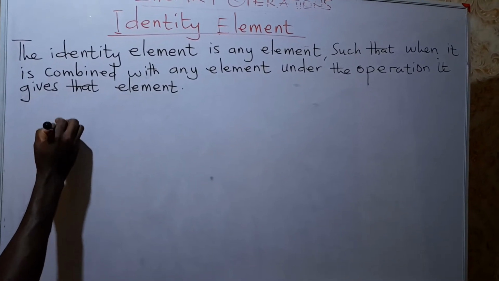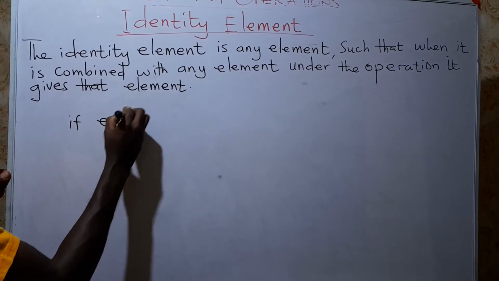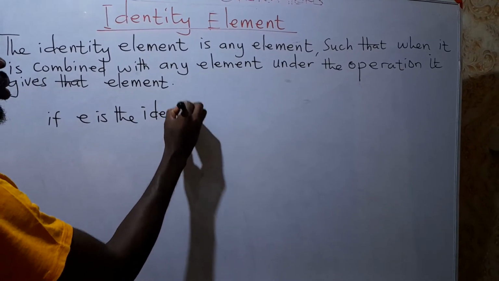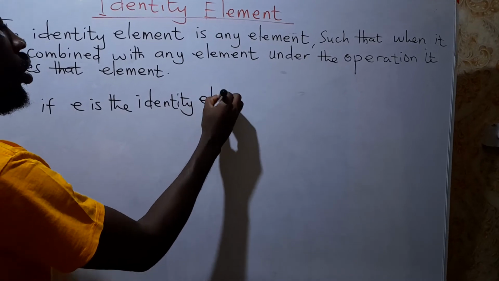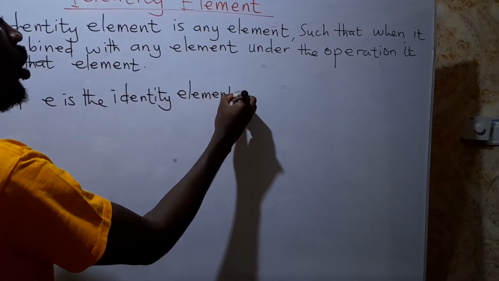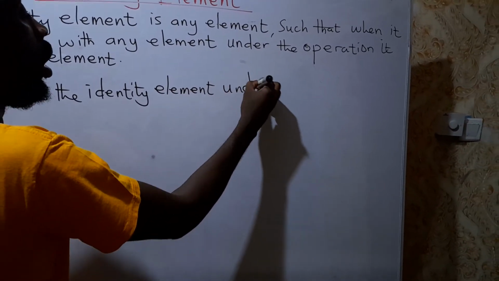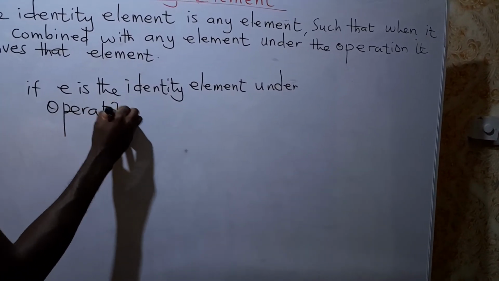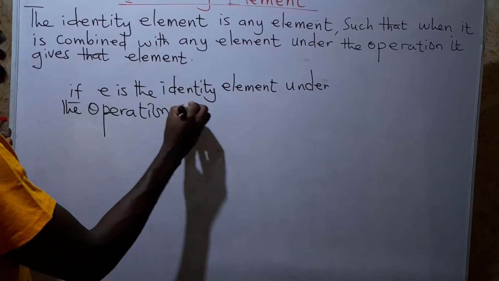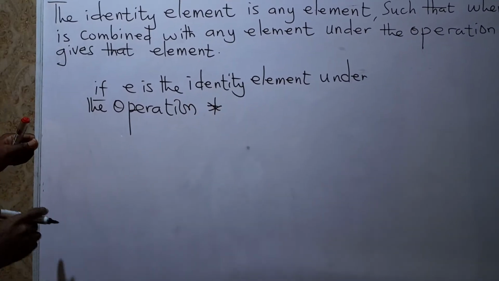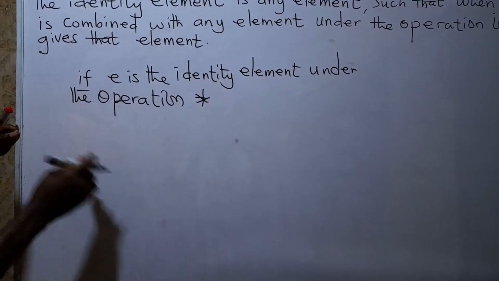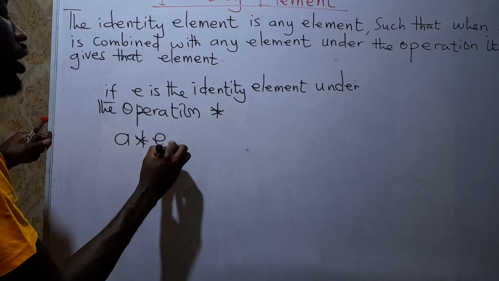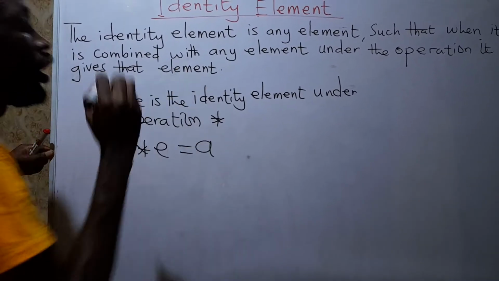So if, let's say, E is the identity element, and let's say under the operation star, then we can say that when it is combined with any element, let's say A, that's A star E, the result will be A.